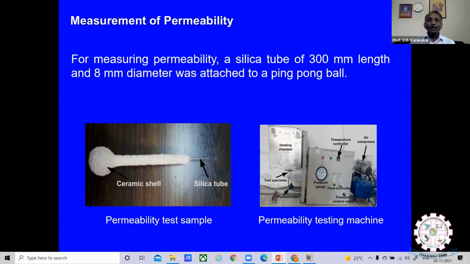If the ping pong ball, around which there is a ceramic shell, has permeability, it will allow hot gases or air to escape. If it doesn't have permeability, it doesn't allow air to escape. That is how we were measuring the permeability. The more air escaping, the more permeability.